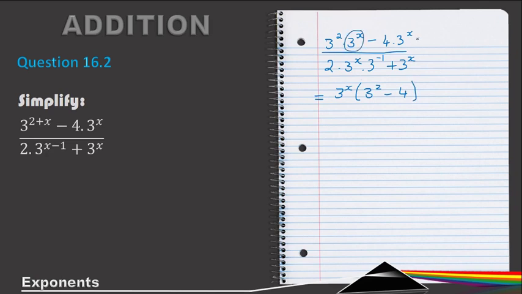In the denominator, 3 to the power of x comes out, and we're left with 2 times 3 to the power of negative 1 plus 1. Then we cancel, and we put what's left onto the calculator.